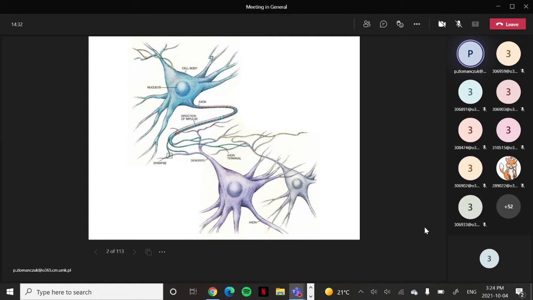Okay, so these are the two basic properties of information spreading. Let me remind you. Both are associated with the fact that information is some kind of disturbance, or has the form of a disturbance, in the environment.